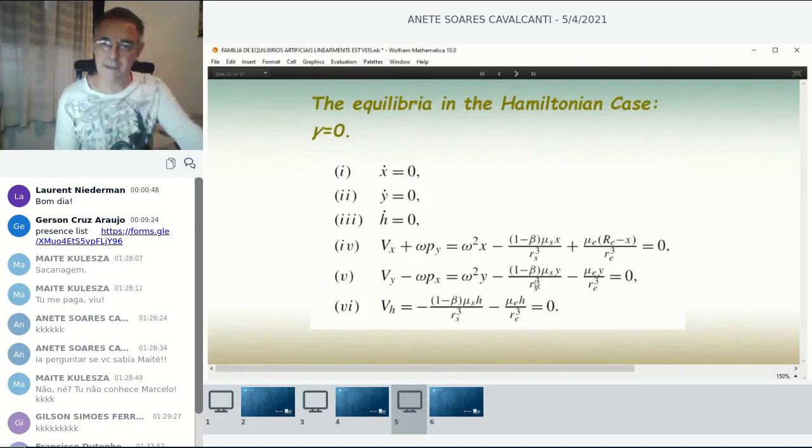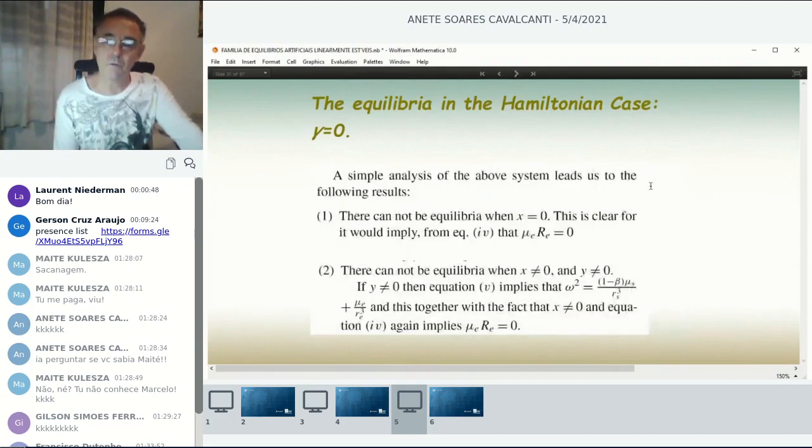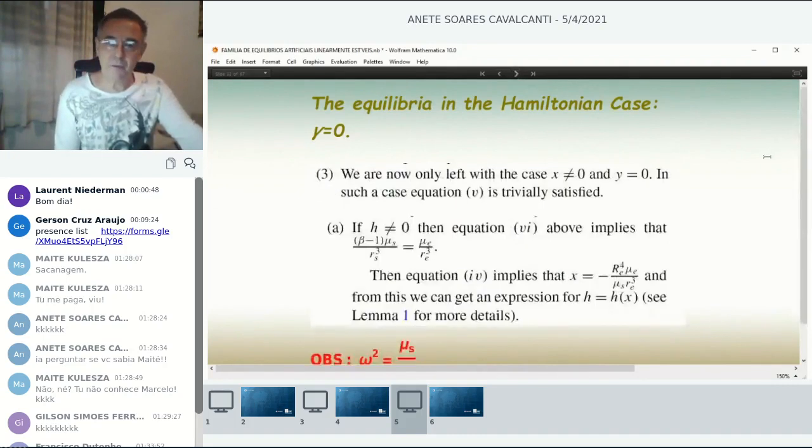Because if y is different from 0, in this expression here, you can cancel y and everything and substitute the expression back in equation 4. And again, you get an incongruence with an expression that cannot be 0. So you have this impossibility. This is the Hamiltonian case, just remember this.